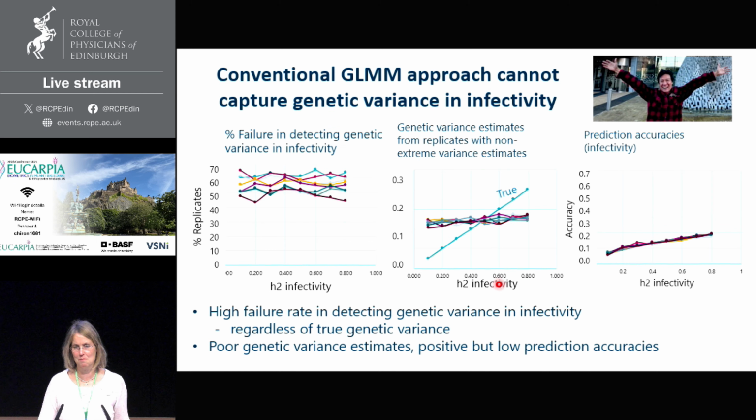So this is just scaled by heritability here. We kept the environmental one constant. So we didn't get convincing results of the heritability for infectivity, but nevertheless, we got positive prediction accuracy, not that high, up to 0.2. So we got something, but surely you can do better.